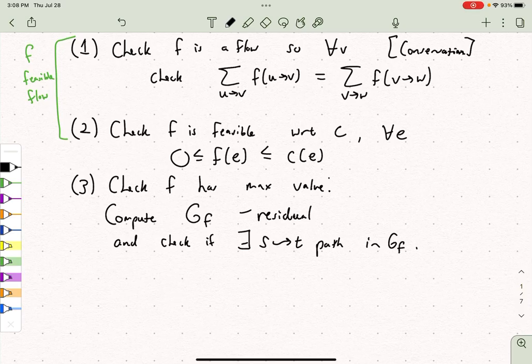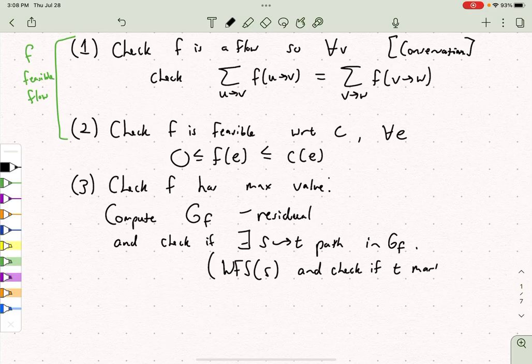Technically, we'd be doing a whatever-first search starting at S and checking if T is marked, but at this point you don't really need to say that. We can just say check if there's an s-t path using whatever-first search.